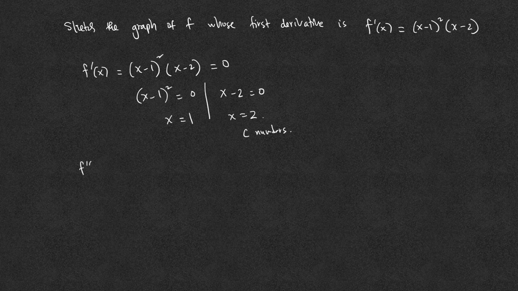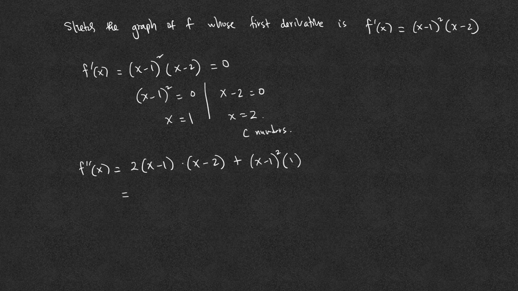For the second derivative, we use the product rule. The derivative of the first factor, 2 times (x minus 1), times the second factor, (x minus 2), plus the first factor, (x minus 1) squared, times the derivative of the second factor, which is 1.